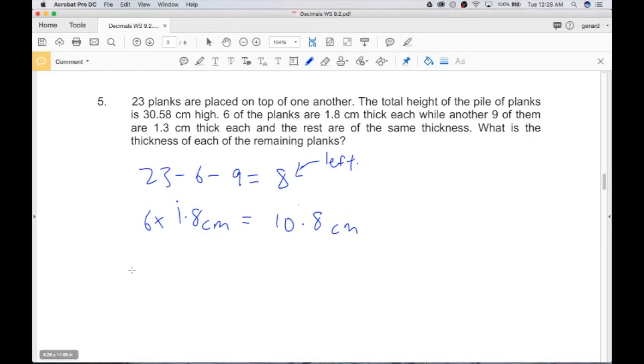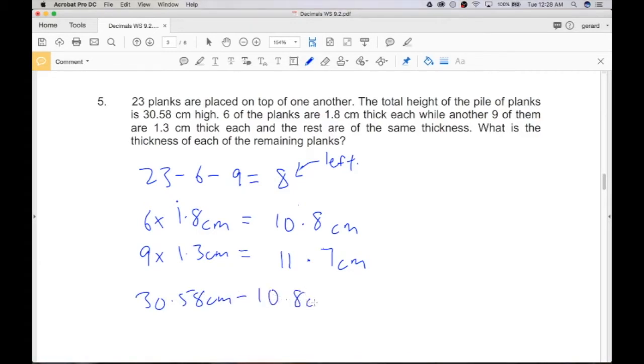Now next we have to find the 9 of them. 9 times 1.3 cm. Here we'll get 11.7 cm. Now with these two values, all we need to do is take the 30.58 cm minus this and this.